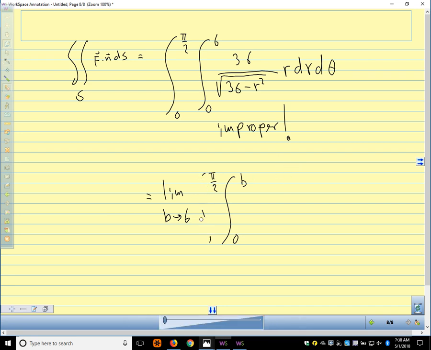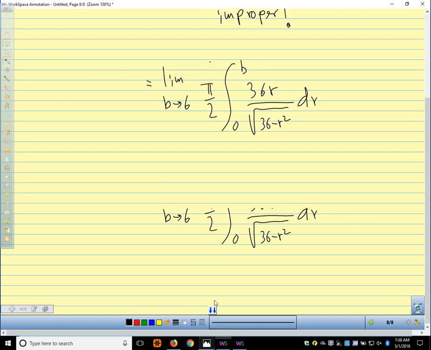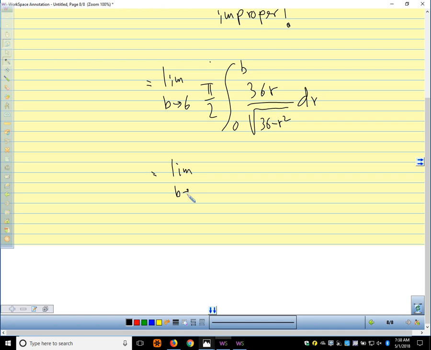So pi over 2, integral from 0 to b of 36r over the square root of 36 minus r squared dr. So that becomes the limit as b approaches 6 of 36 pi over 2 times negative the square root of 36 minus r squared, evaluated from 0 to b.